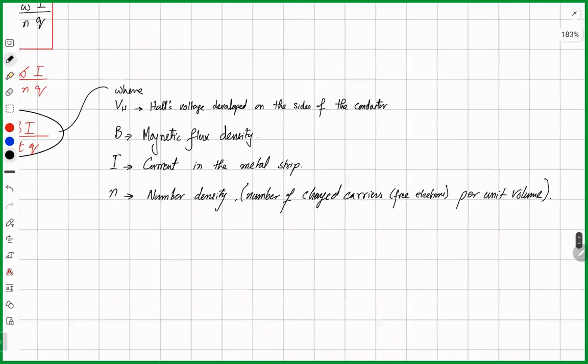So number density is number of charge carriers per unit volume. T is thickness of strip. Q is charge on each carrier.